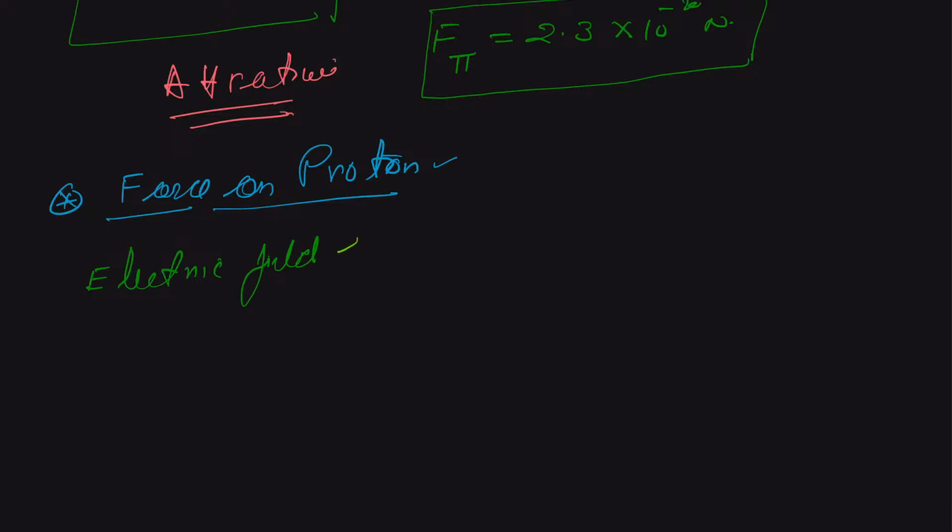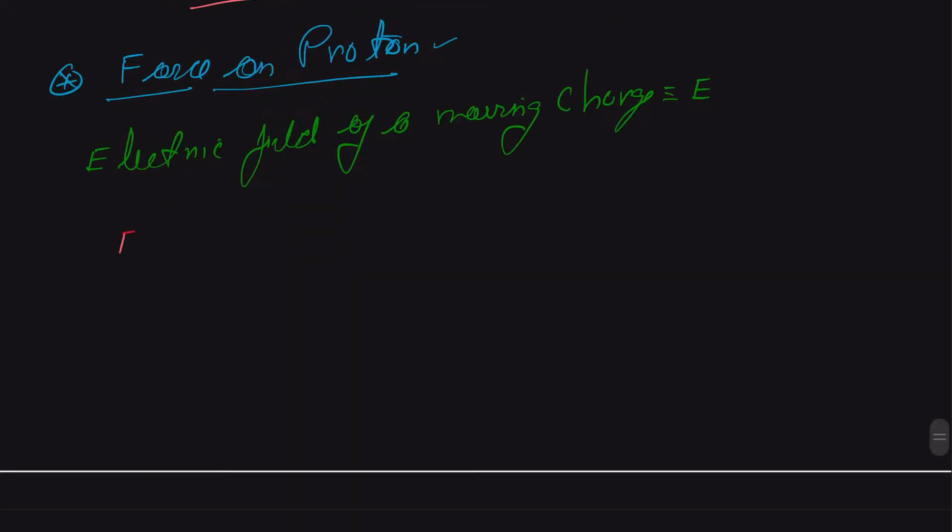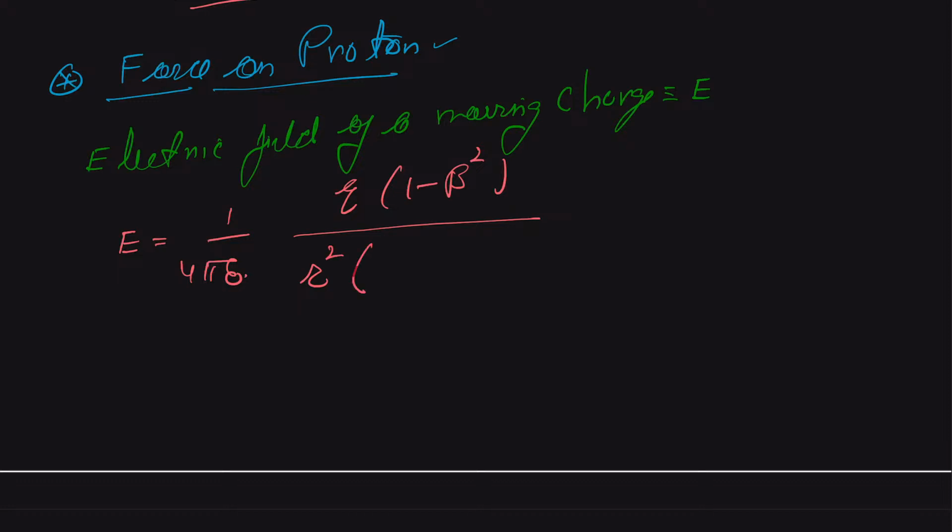Electric field of a moving charge. Suppose that is given as E, then its formula is standard. We already dealt with it in the first question. So this will be 1 upon 4 pi epsilon naught, our charge, 1 minus beta square, over r square, 1 minus beta square sine square theta, and whole raised to power 3 by 2.